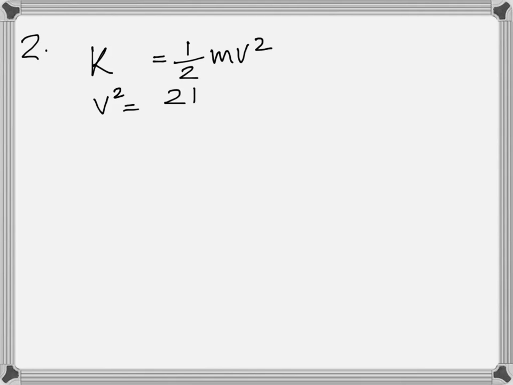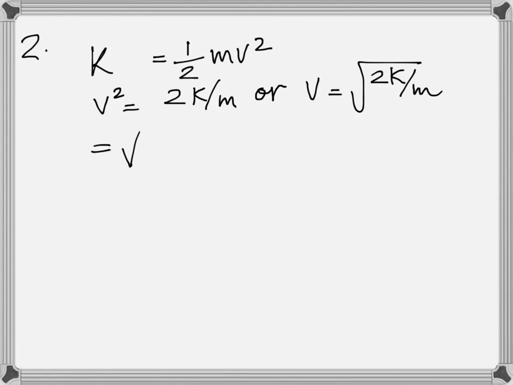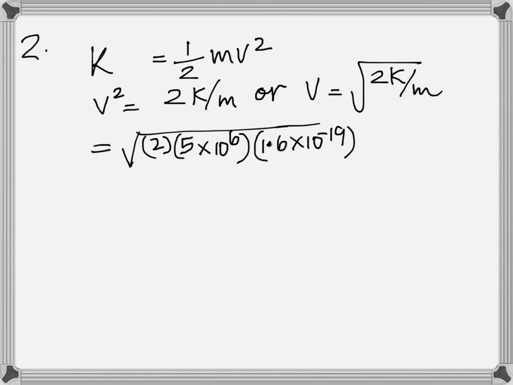Now it's in mega electron volts, it has to be converted into joules, and you can make velocity the subject and find the velocity, but kinetic energy must be in joules. That is what is done there.